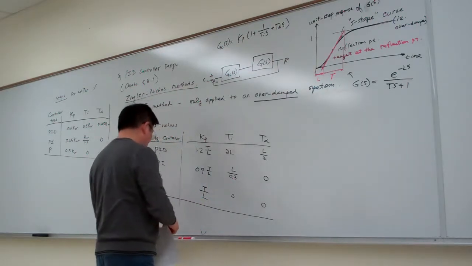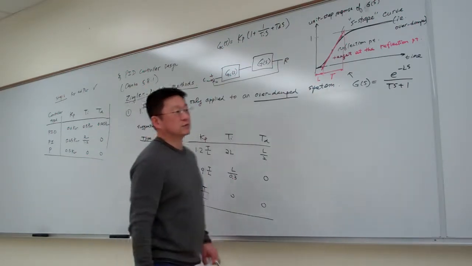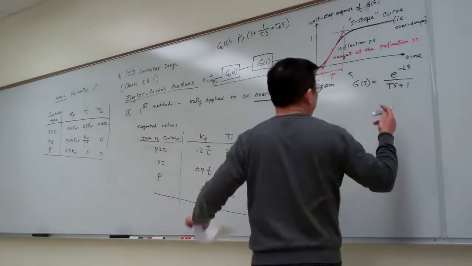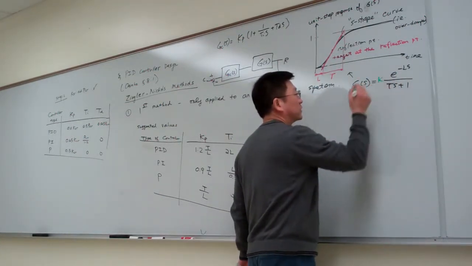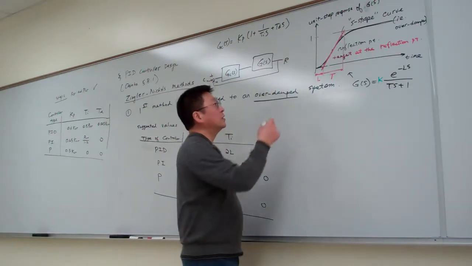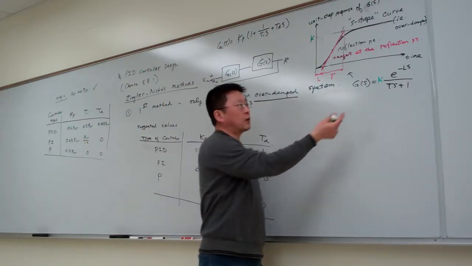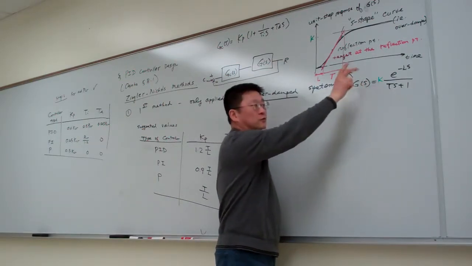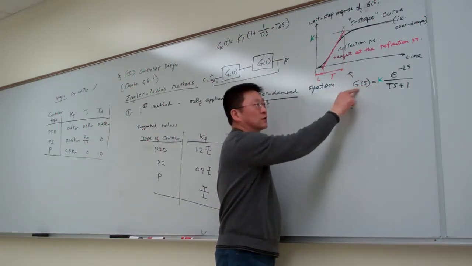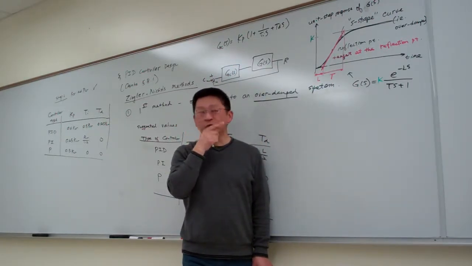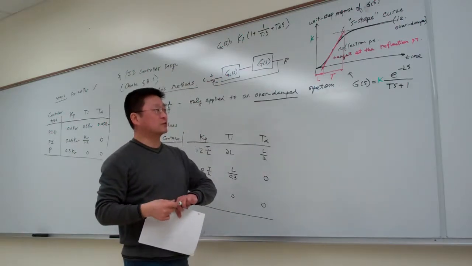Furthermore, if you want to generalize the description of the system, you can scale it up. For example, you can multiply with any constant gain K. So you can scale the magnitude by revising the value of K. That is a general description.